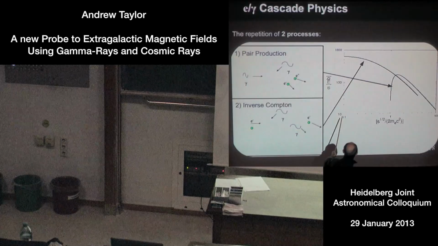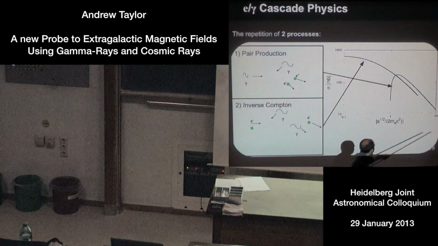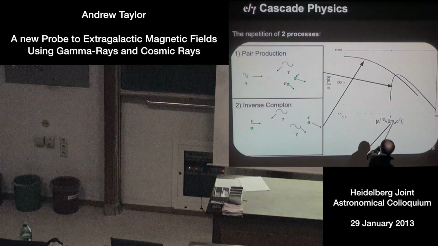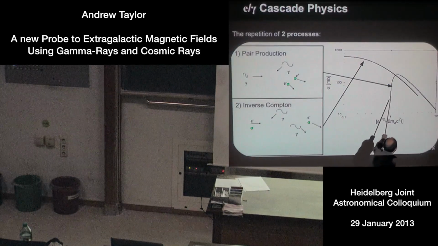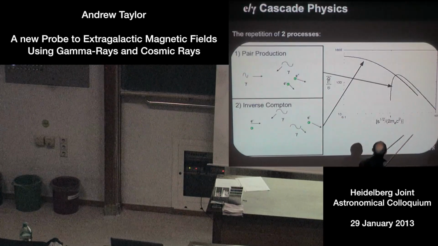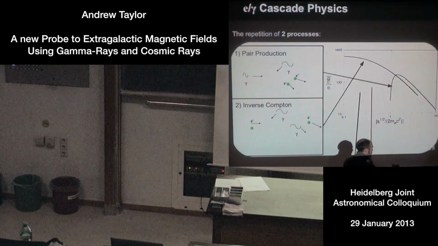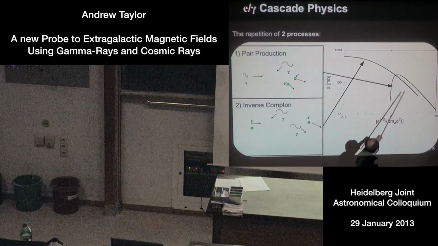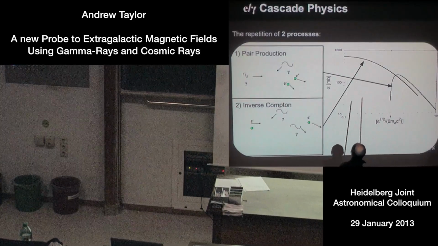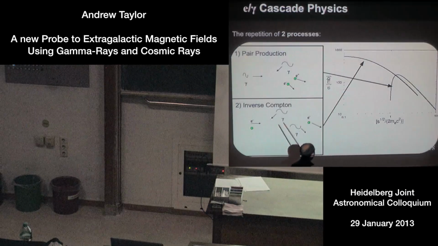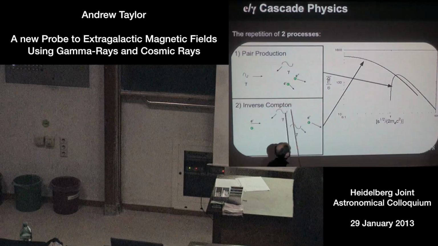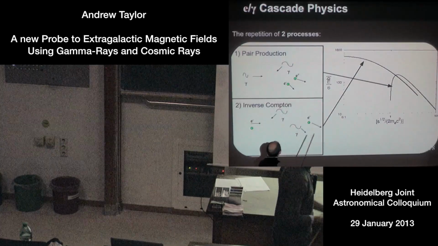If you look on this plot here, I've got cross-section as a function of center of mass energy. And if we go above the threshold for pair production, which is the pair production line here, the two cross-sections become very similar. And the splits are much less symmetric. And the symmetry disappears down here. Essentially, inverse Compton has no threshold and can continue to occur, whereas pair production, of course, dies off very quickly.